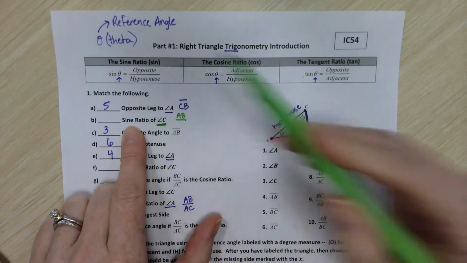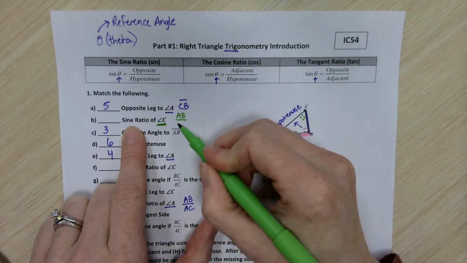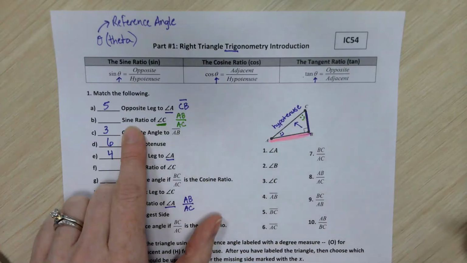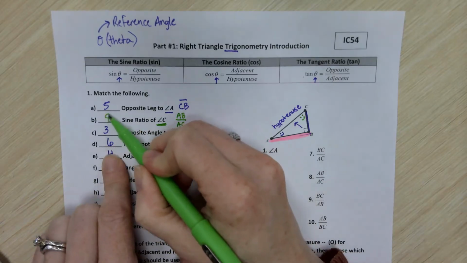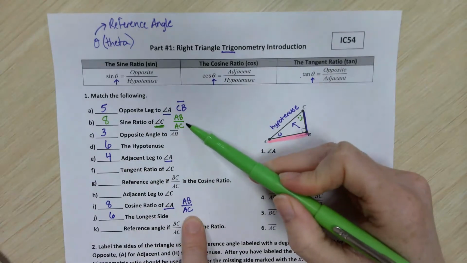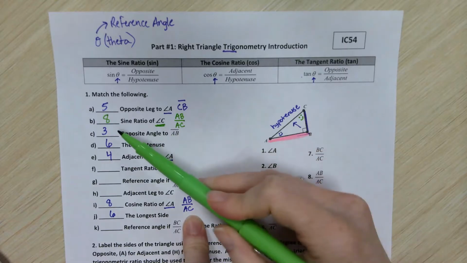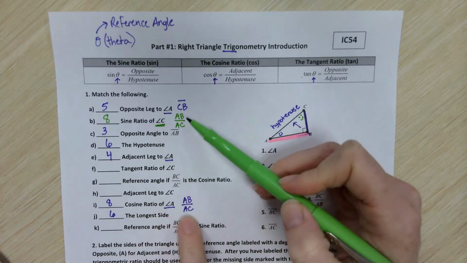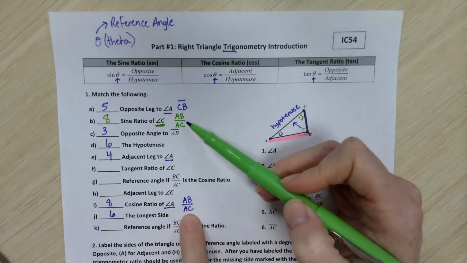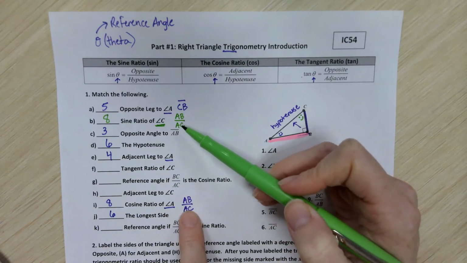And then the hypotenuse, back to that same AC side, is going to be the denominator. So I'm going to use that same option number 8 that I already used earlier. That brings up an interesting point. The sine ratio of angle C and the cosine ratio of angle A are actually the same thing. Something to keep in mind.